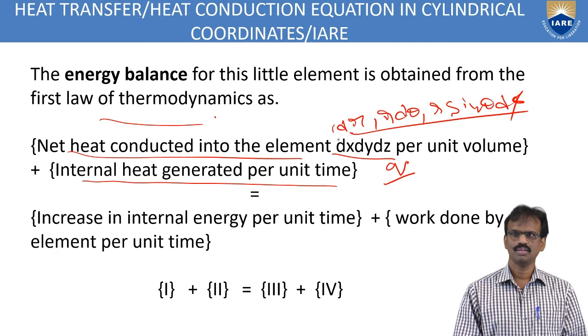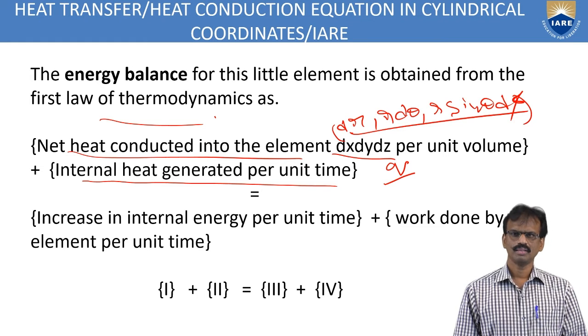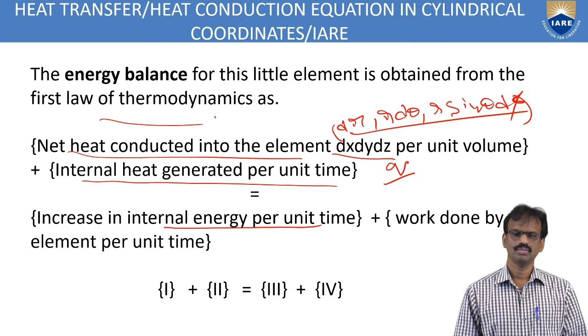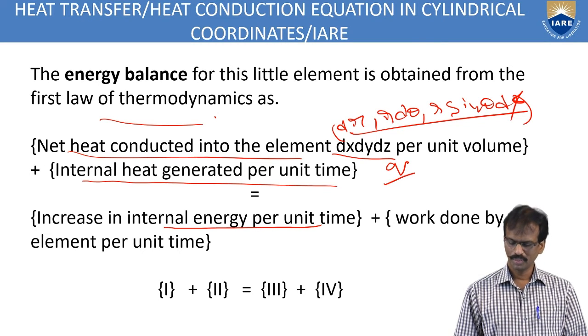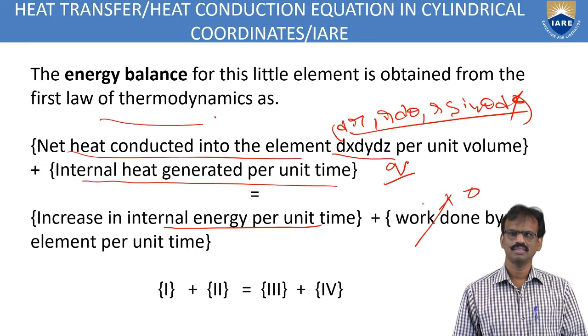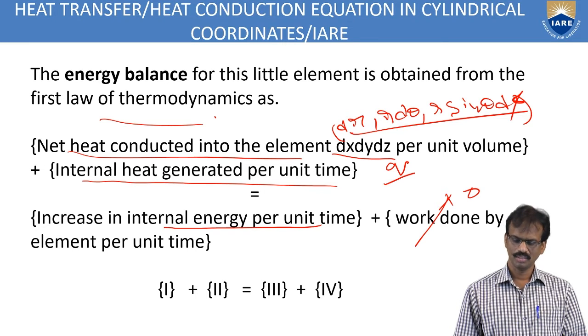This is equal to the internal energy change per unit time, that is m cp dT by dt. The work done by the element we consider as zero, because there is little work done by this element.